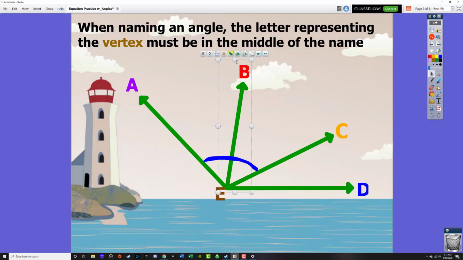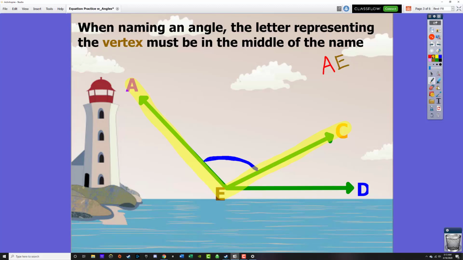You just would need to, for the time being, pretend that this line is not there. So if this line were not there, what names would you come up with? Would you go A, E, C, which is a perfectly fine name for it. So you could do A, and then E, and then C at the end.